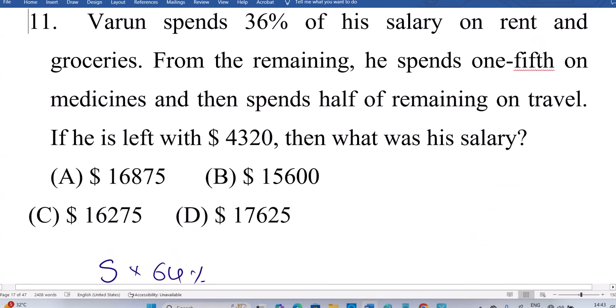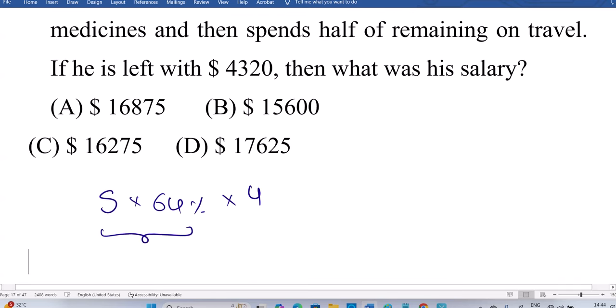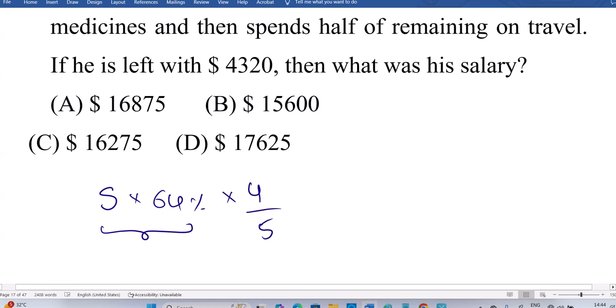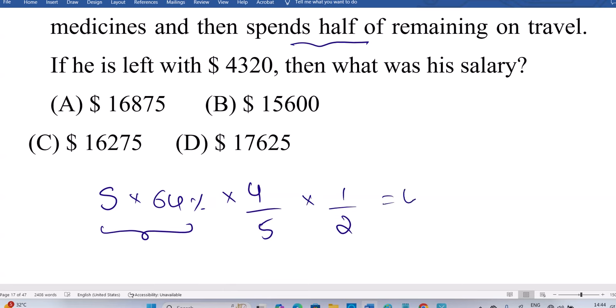Now among the available, 1/5 is gone, so remaining is 4 by 5. Understand why 4 by 5? Among the remaining, 1 by 5 is given, so remaining is 4 by 5. Then among the remaining, half gone means half available. This is equal to 4,320. See the equation carefully.